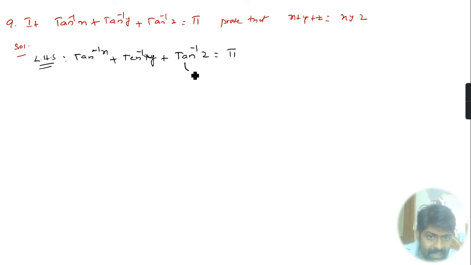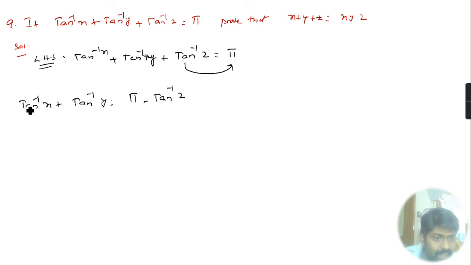So this is converted into this side because we have only tan inverse x plus tan inverse y. Therefore tan inverse x plus tan inverse y is equal to pi minus tan inverse z. And we know this formula, tan inverse x plus tan inverse y.